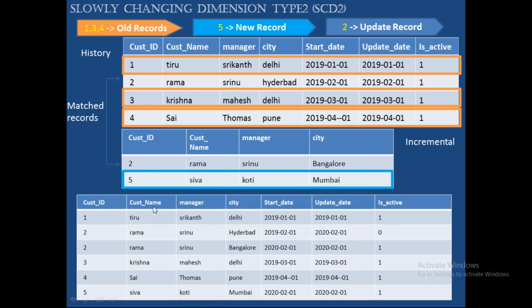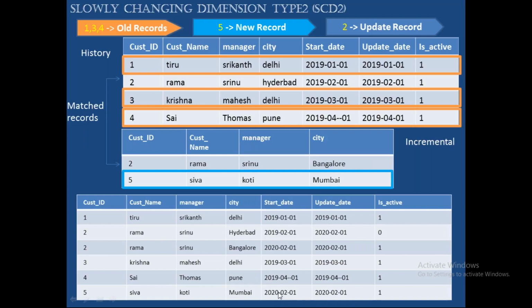Customer ID, customer name, manager, all these things, but you see 1, 3, 4, there is no change. Just focus on the fifth one. The fifth one is inserted recently. So Siva, Koti, Mumbai, and here start date and updated date. Updated means when this particular record came here.